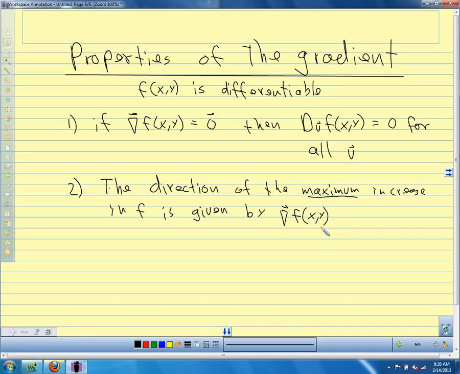So the gradient vector points in the direction of the maximum increase in f.